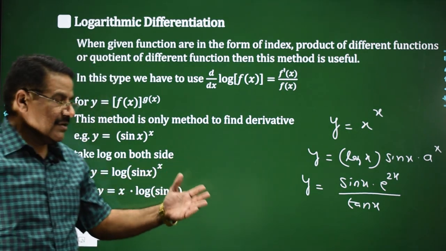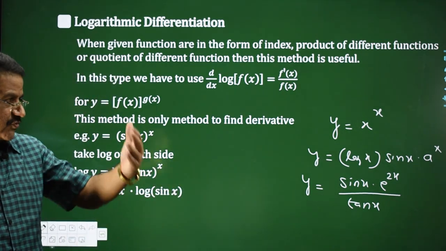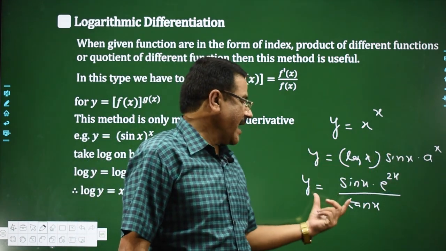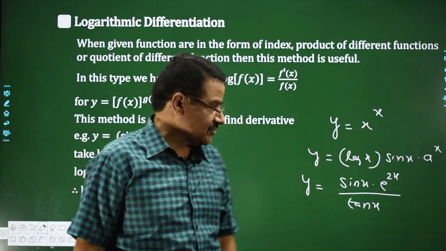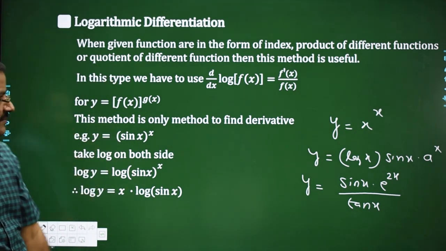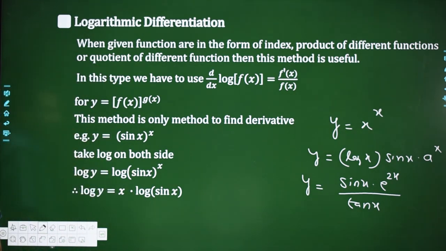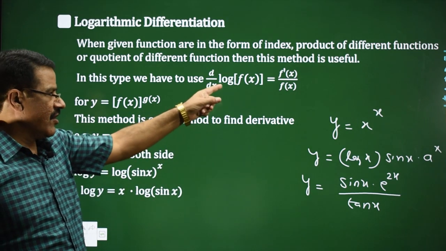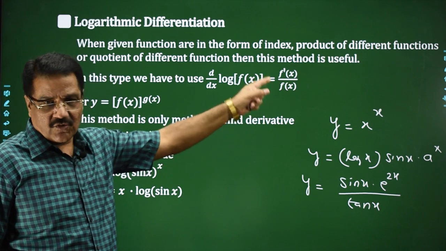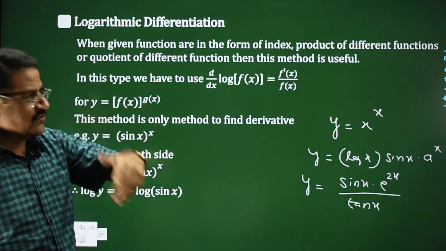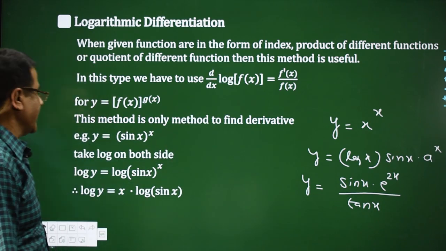So, whenever there is a variable raised to a variable, a product of different variable functions, or a quotient of different variable functions, in this case we have to use logarithmic differentiation. What are we going to do? We can use this formula, the derivative of log of f(x) is, as per the chain rule, the derivative of log, 1 upon f(x), into the derivative of f(x), that is f dash of x.